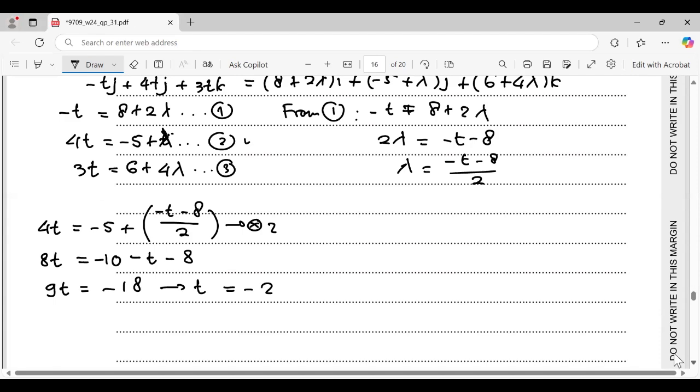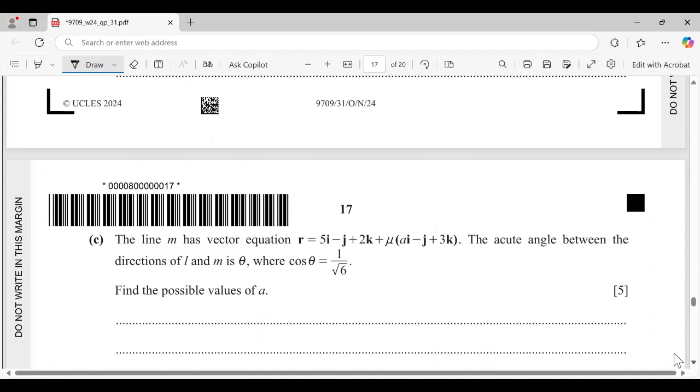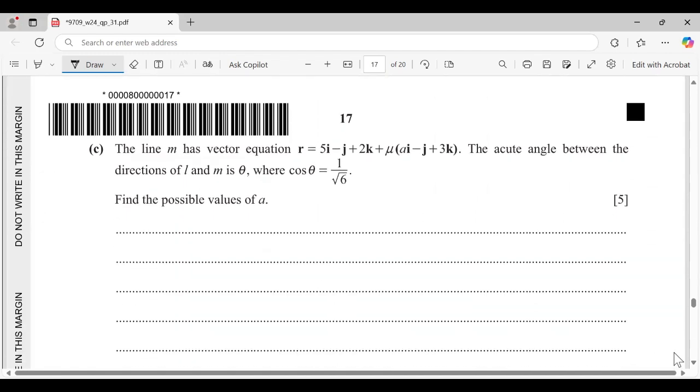Next question. The line M has vector equation r equals 5i minus j plus 2k plus mu times (ai minus j plus 3k). The acute angle between the directions of L and M is theta, where cosine theta equals 1 over square root 6. Find the possible values of a.